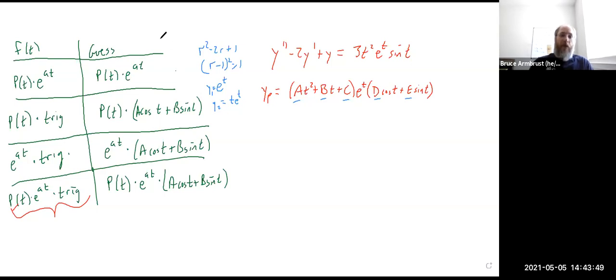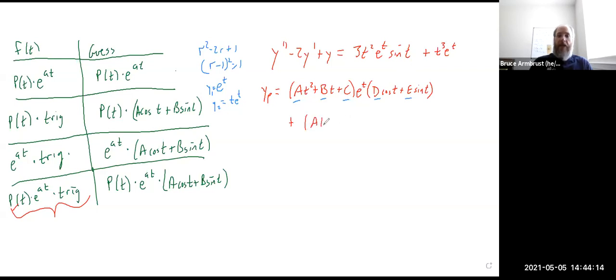And where this could get really crazy is, what if we had this 3t squared e to the t sine t, but then we added on to it a t cubed e to the t. That's a whole other structure, which is going to suggest, okay, I've got polynomial times e.